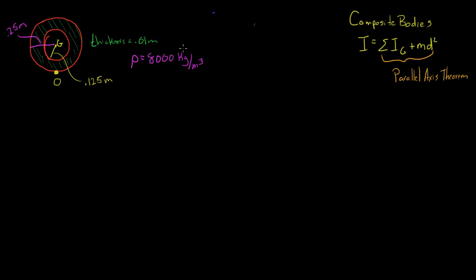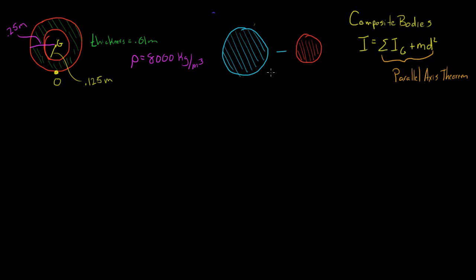And now for us, in the problem we're looking at, we're going to get the moment of inertia of this big disk right here, and we're going to subtract from it the moment of inertia of this middle disk.